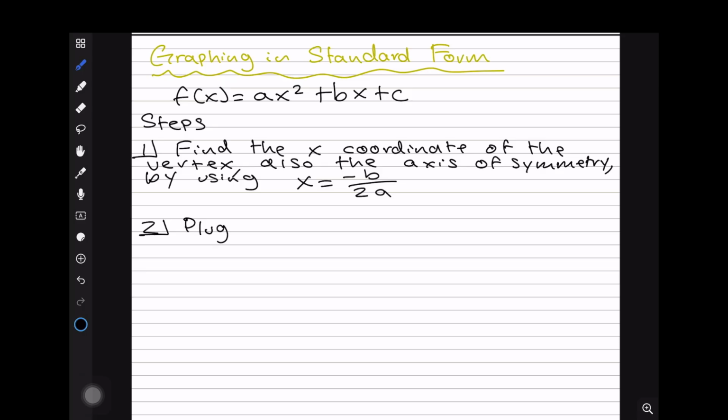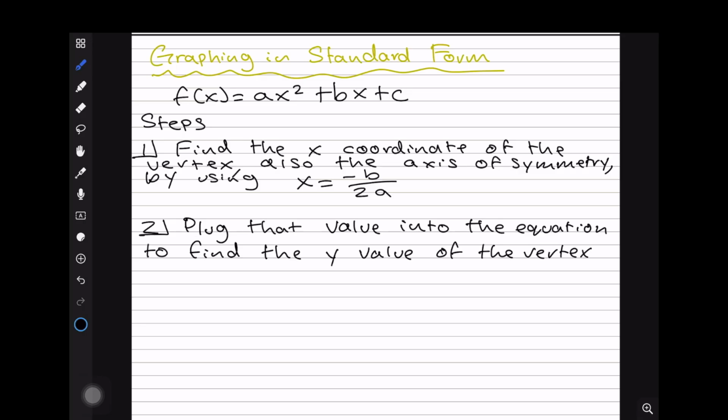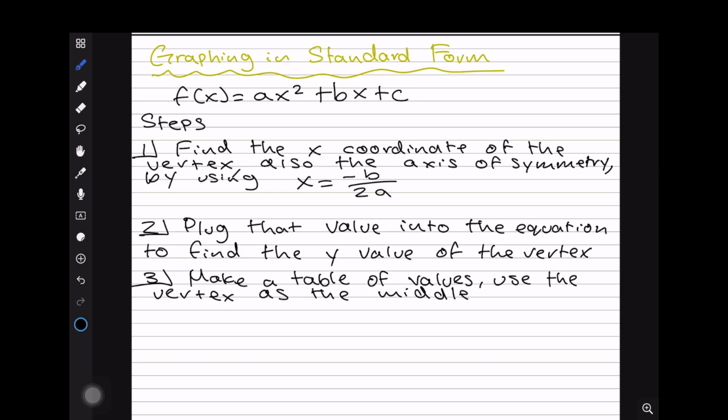Once you have that x value, plug it into the original equation, and that is going to be the y value of your vertex. Then make a table of values, using the vertex you just found as the middle point on your table. And then you're going to graph.